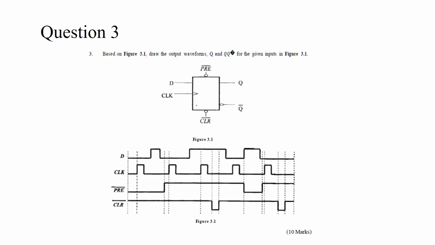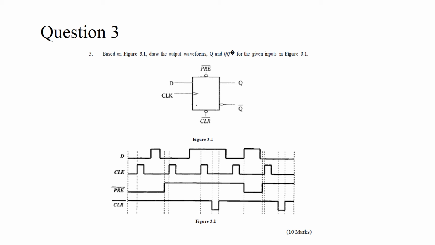Next, we go to question 3. In this question, we need to draw the output waveform for Q and Q bar. Based on this question, this is a D flip-flop. The output of the D flip-flop will be the same as the data input of the D flip-flop, but this D flip-flop also has a clear and preset.